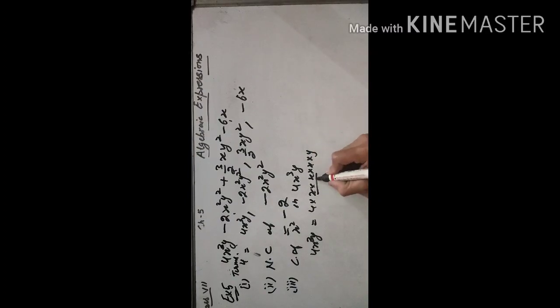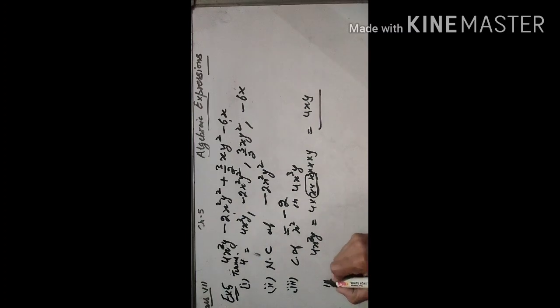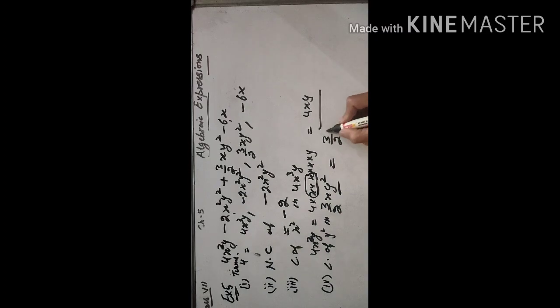That means x square is x into x. So the coefficient is 4xy. Now what is the coefficient of y square in 3 by 2 xy square? Now y square is multiplied with 3 by 2 into x, so the coefficient is 3 by 2 x.